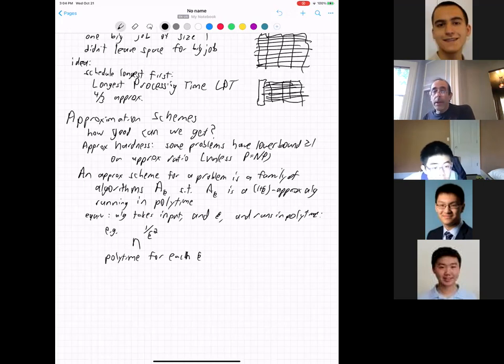But despite the fact that it's polynomial time for each epsilon, it's not an algorithm that you would really want to use for every epsilon. The problem is that it's not polynomial in epsilon.